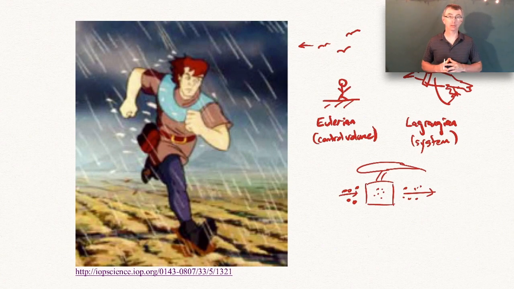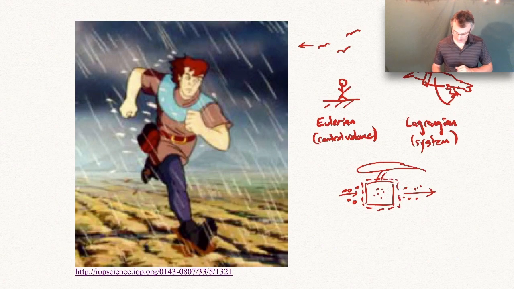It's really not practical. Instead, it's a lot easier to analyze a jet engine using an Eulerian perspective. If we drew a control volume that went around the engine, and we just looked at what goes into the engine, what goes out of the engine, how things are changing inside the engine, that's a much easier thing for us to analyze. So when we actually solve problems, it's much easier to solve those problems using an Eulerian perspective.